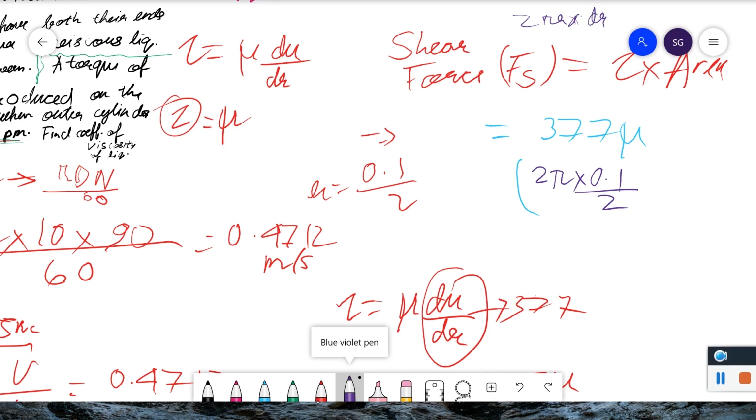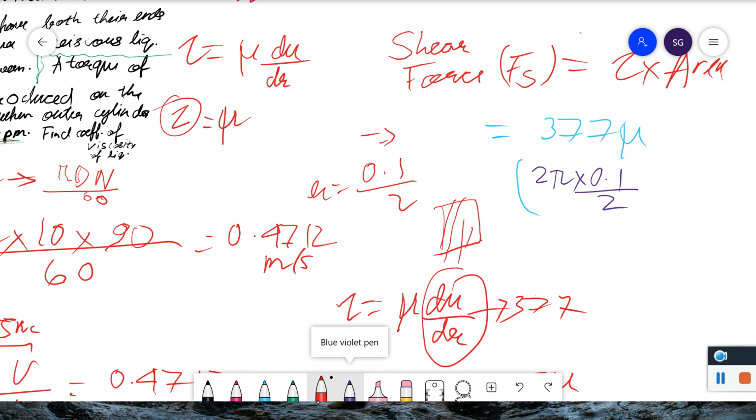So basically what is dr? This thickness, isn't it? And here we are concerned about the area it covers. So you just imagine that this is the cylinder. If this is the cross sectional view, and if it rotates, it will just form a cylinder.